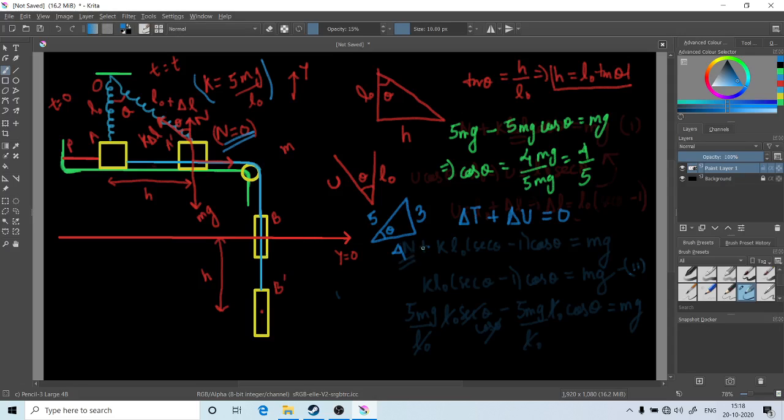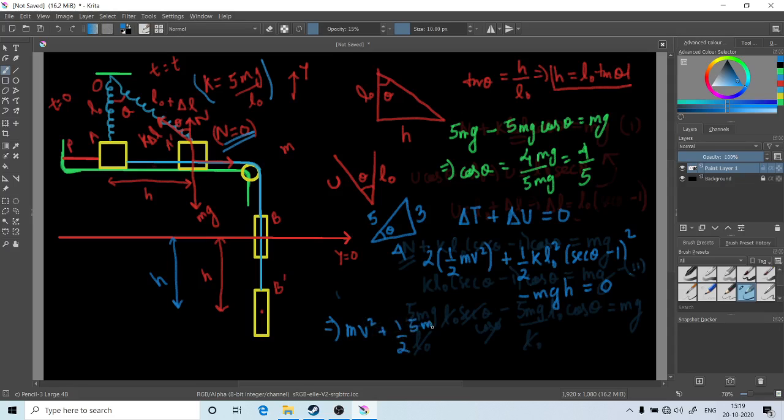Therefore, twice half mv squared, the kinetic energy of both the bars added together, plus the potential energy of the spring, half k L0 squared (sec theta minus 1) whole squared, minus, as it is below the reference line, mg h, equals 0.